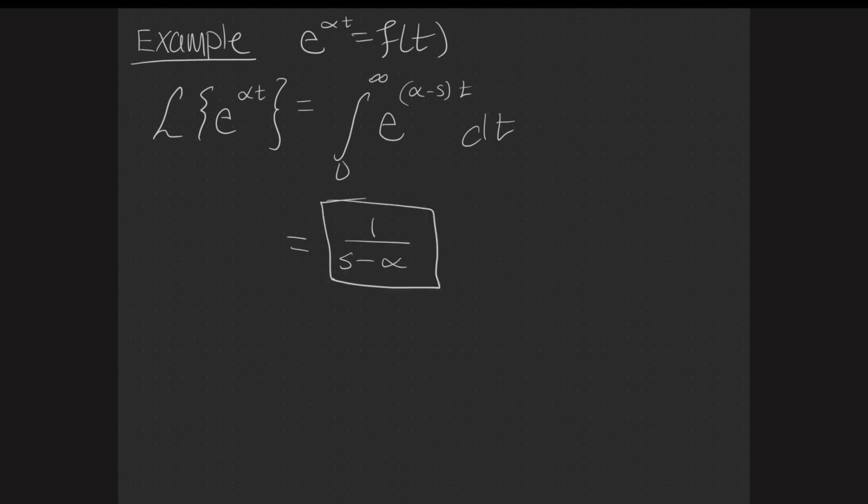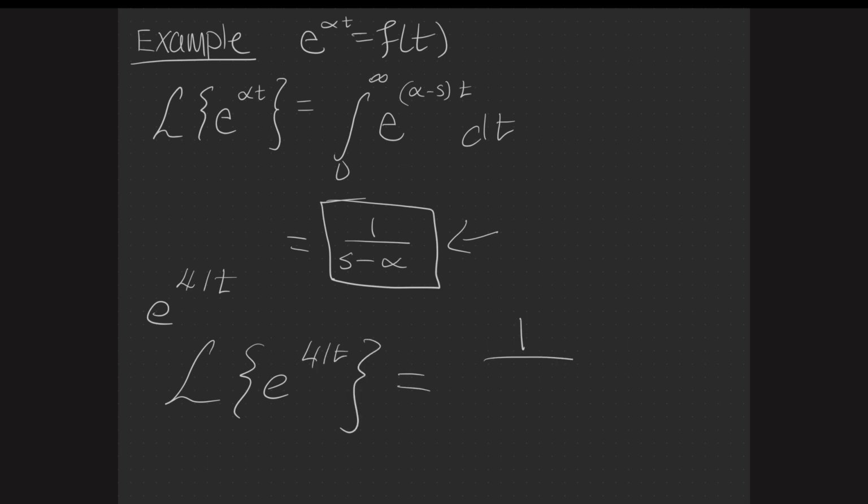So now if we had any e to the alpha t, we know what its Laplace transform is. So now let's take some alpha. Let's say we had e to the power of 41 times t. Well, the Laplace transform of that would just be equal to 1 over s minus alpha, which in this case is 41.